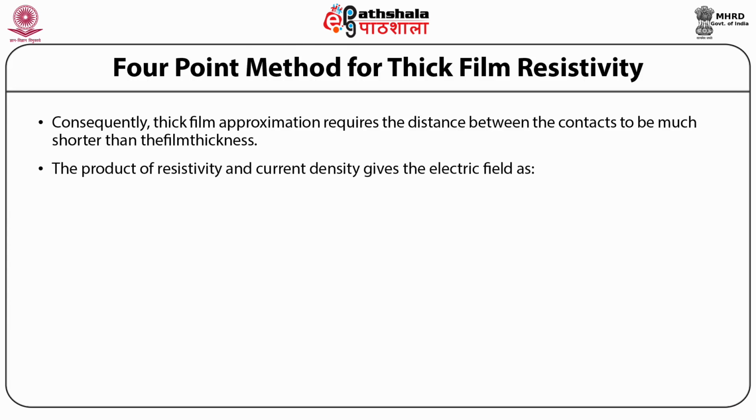The product of resistivity and current density gives the electric field as E vector equals ρ times J vector, which equals ρ I12 divided by 2π times [(R vector minus R1 vector) divided by |R vector minus R1 vector| cubed minus (R vector minus R2 vector) divided by |R vector minus R2 vector| cubed].